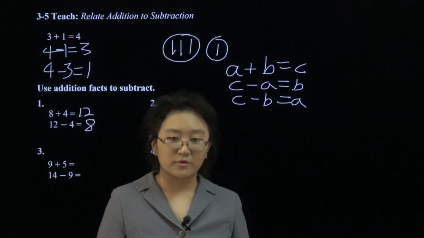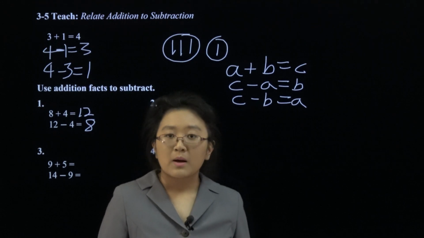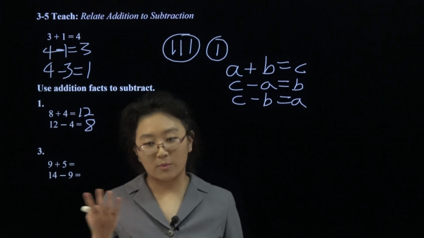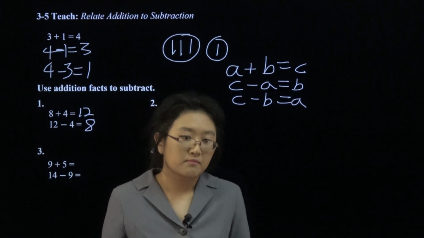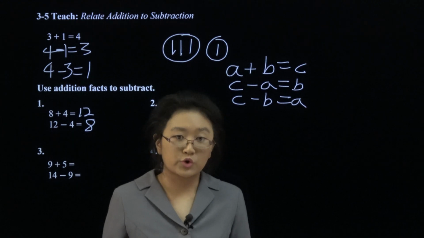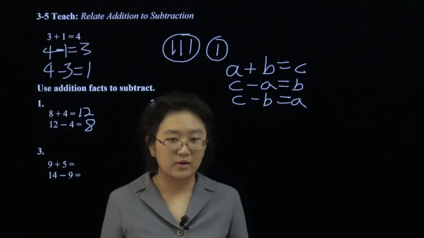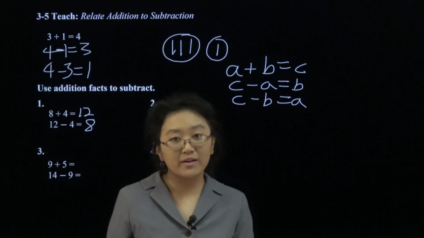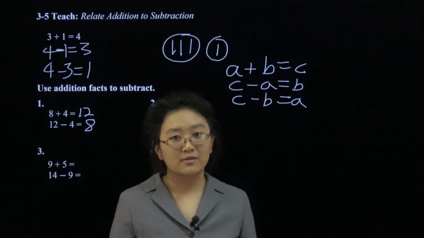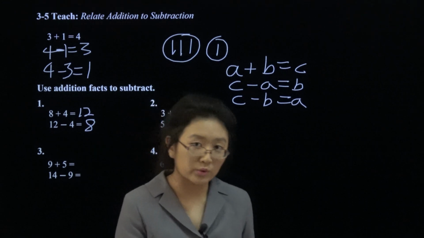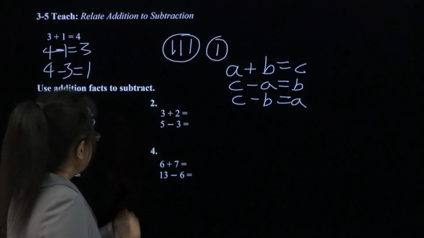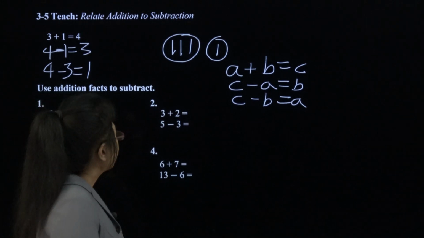You have 12 marbles. But if you take away the 4 blue marbles, you get 8 marbles. You took away the 4 from the 12, and you have 8, because 4 and 8 together is equal to 12.